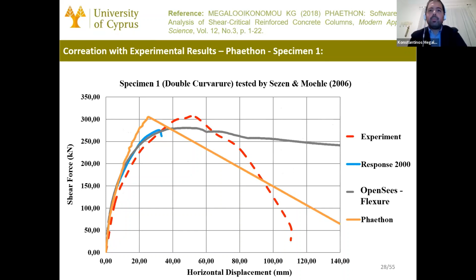So if you're doing assessments, you might want to go with the OpenSees one, where the stiffness is there, even if it's a little conservative with the capacity. It's maybe 10% off. But the problem is the post-peak response. But the advantage of Python is that you have the contributions at each step.